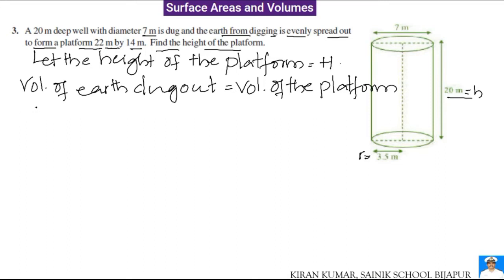Here, volume of the earth dug out is in the shape of a cylinder. I'll use pi r square h, which is equal to LBH, LB into capital H. They have given length and the breadth. We need to find height.